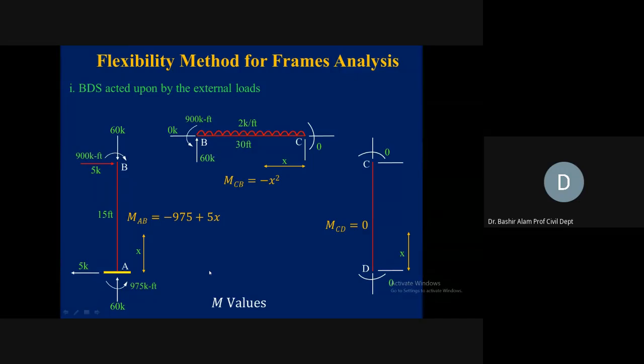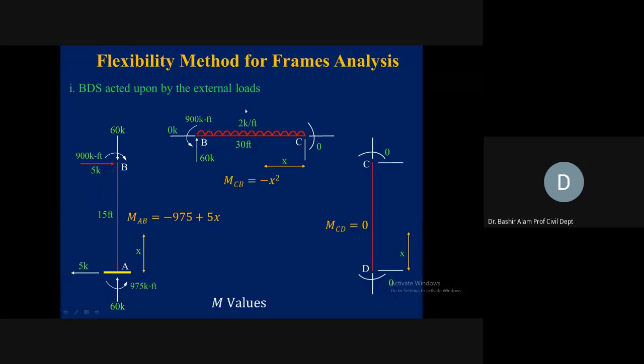But now we look at the moment, because support A, fixed support, it can resist the moment also. So let's take the moment about this point A, MA, and MA will be equal to, this will be the balancing resisting moment. It will be equal to 2 times 30. This is the equivalent point load. We are taking resultant of this 2 kip per foot, which is at a distance of 30 feet.